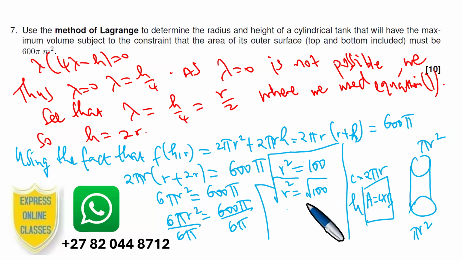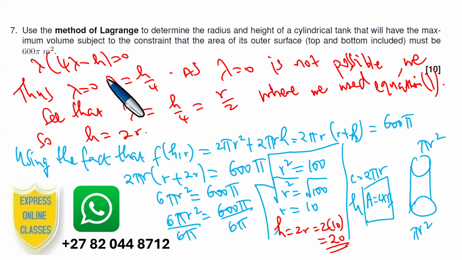The square root of 100 is 10. This has given us r equals 10, yet h is 2r, which means h is 2 times 10, which is 20.